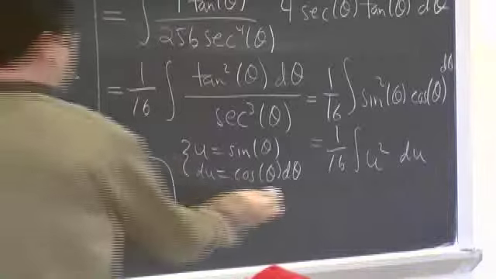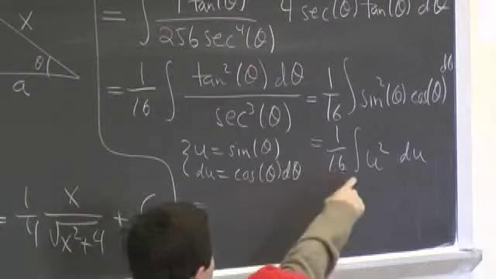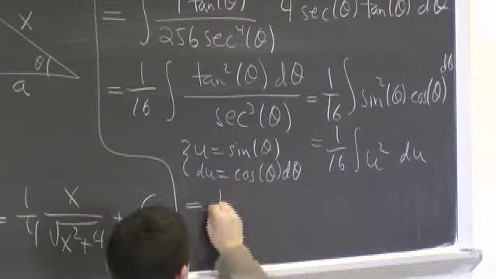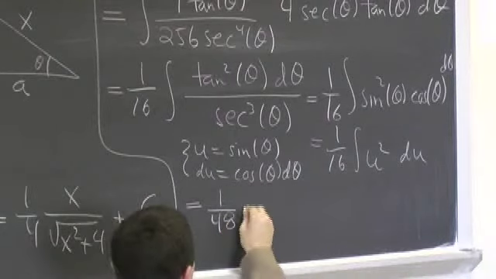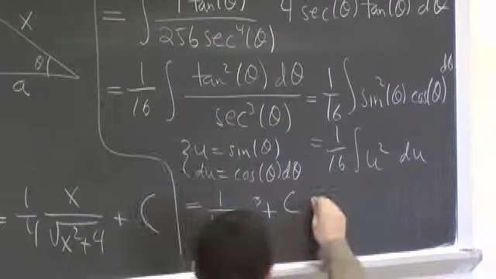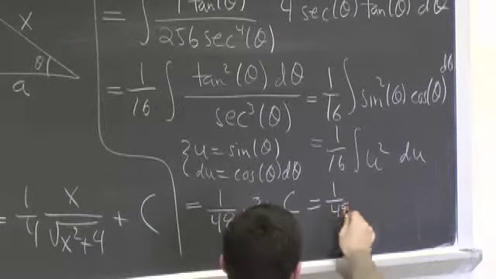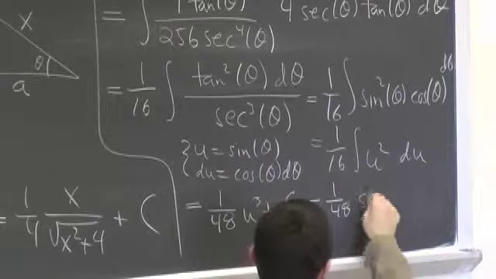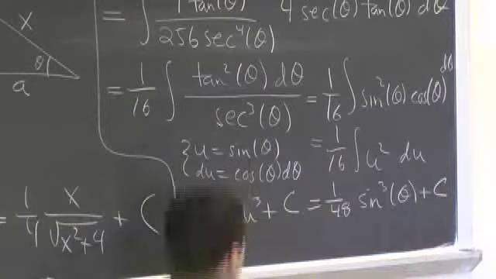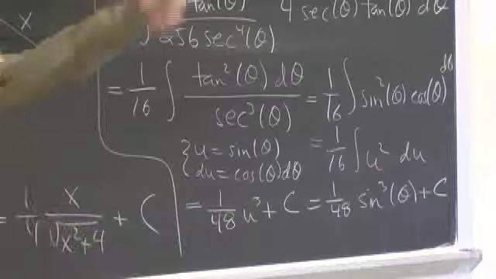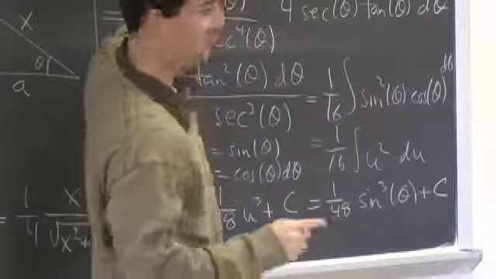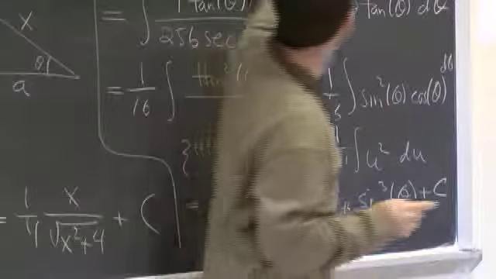Now, the integral of U squared is 1/3 U cubed. So we end up with 1/48 U cubed plus C. U is sine theta, so we get 1/48 sine cubed theta plus C. We have to unravel all our substitutions. Now sine theta, isn't it good we computed it?